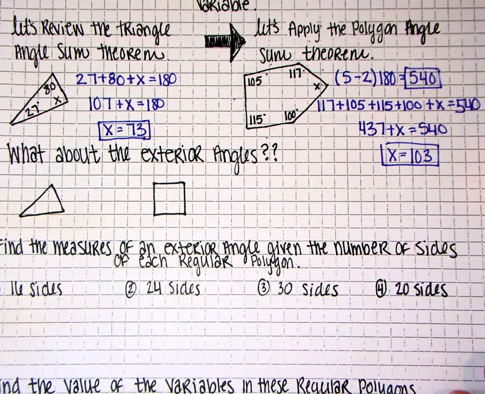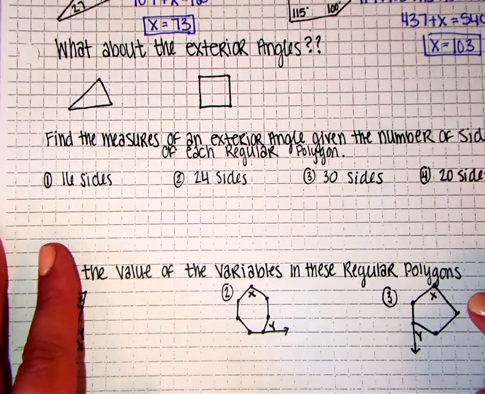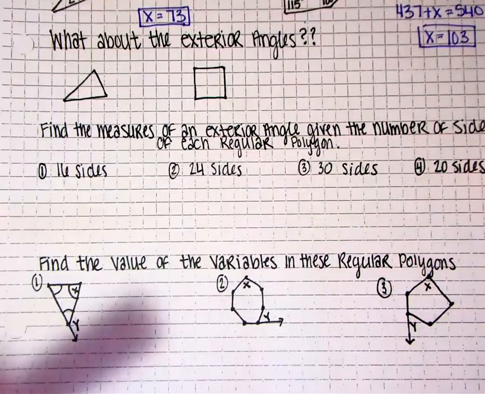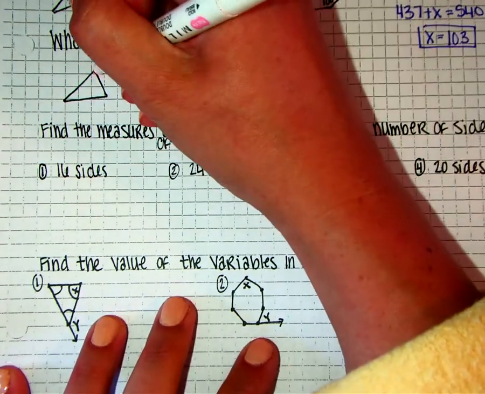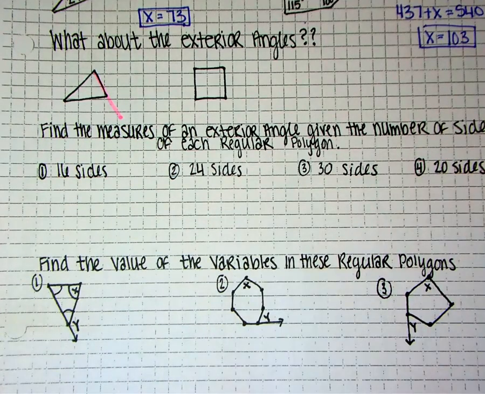So up until this point, it's all been about interior angles. What about the exterior angles? So let's draw exterior angles. An exterior angle is something that extends through a vertex. So what that means is I'm going to take this and extend it this way. That's one angle. Okay, let's do another one.